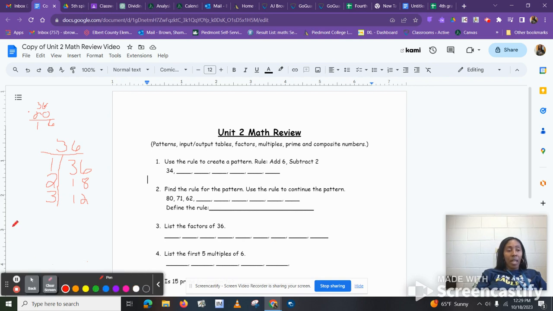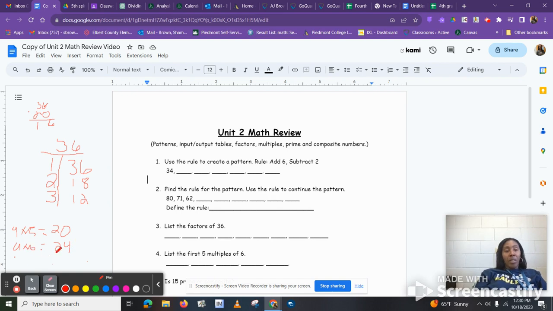So if you do 4 times 5, you're at 20. So if I do 4 times 6, I just add 4 more, and that gives me 24. So you can keep doing that until you get to 36, or to see if you get to 36, and you will eventually get there.